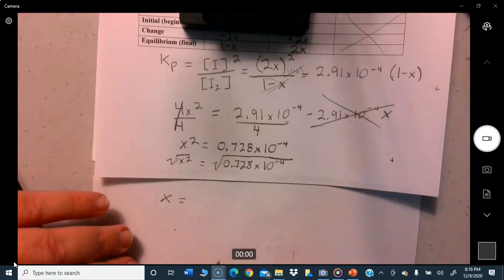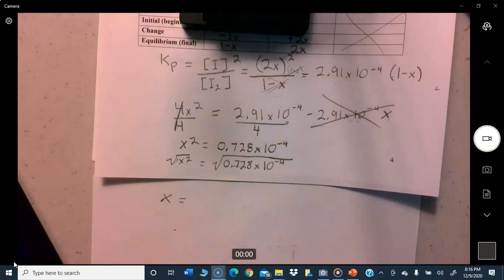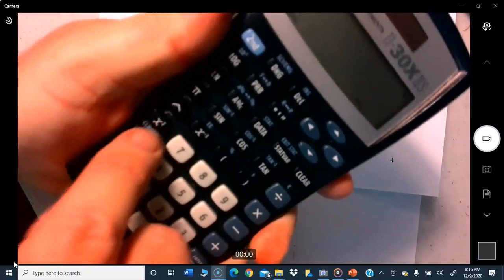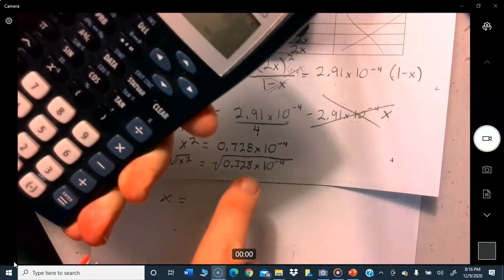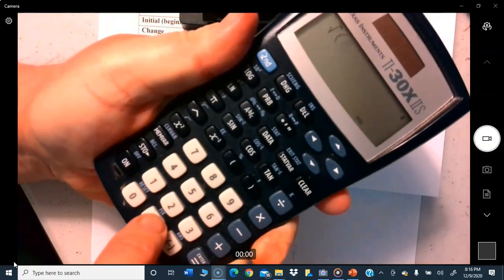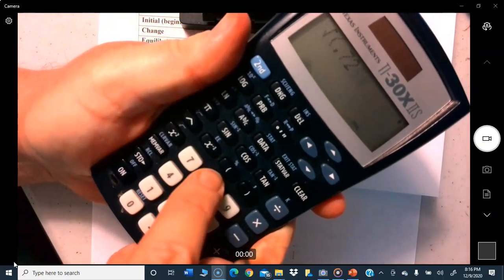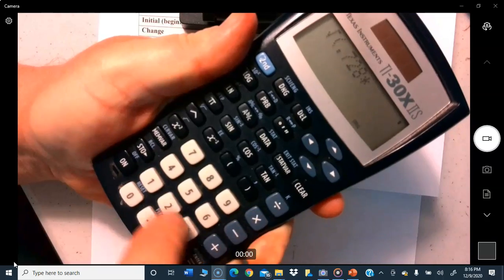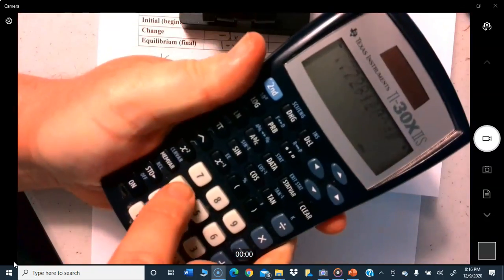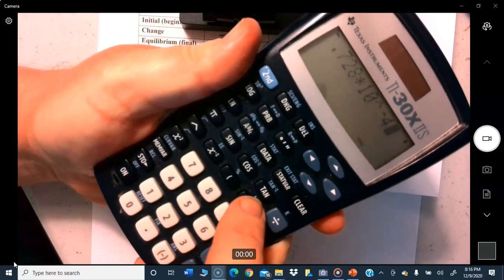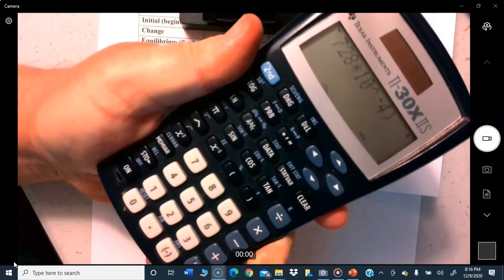And we've got to do this on a calculator. So let's see how we do that again. Second, and then x squared is going to be a square root. And then you just type that number in exactly the way you see it: 0.728 times 10 caret minus 4. Close the parenthesis and hit equal.